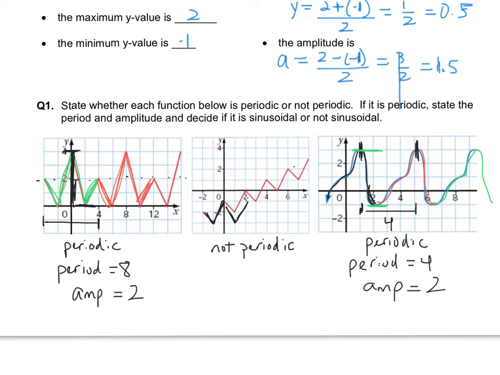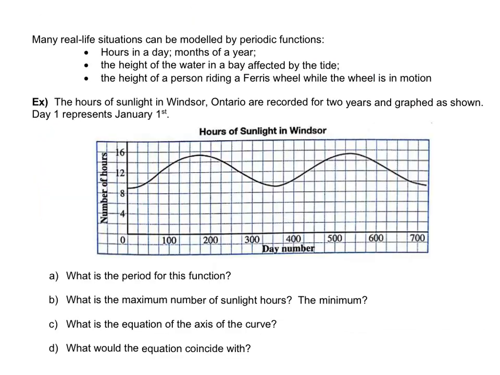There we are. All right, so we're going to look at some actual real-life examples of where this all fits in. So many real-life situations can be modeled by these periodic functions. The hours in a day, the months in a year, the height of the water in a bay affected by the tide. So water comes in, tide goes up, water goes out, the water level goes down in the bay.